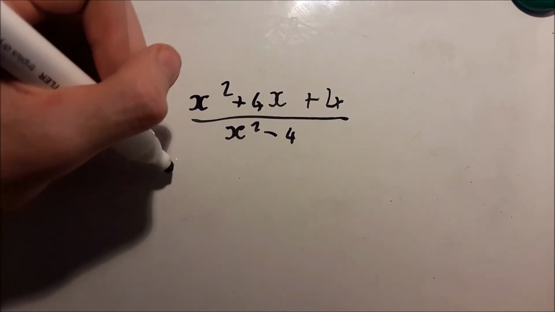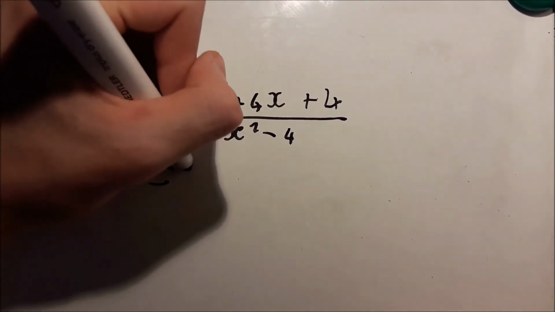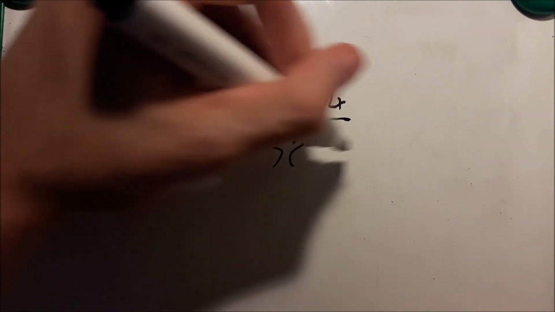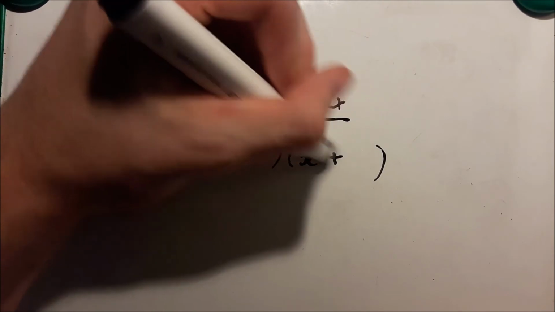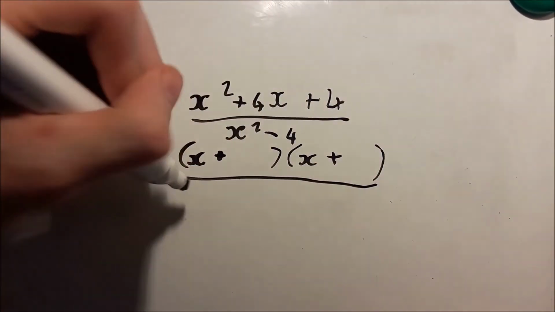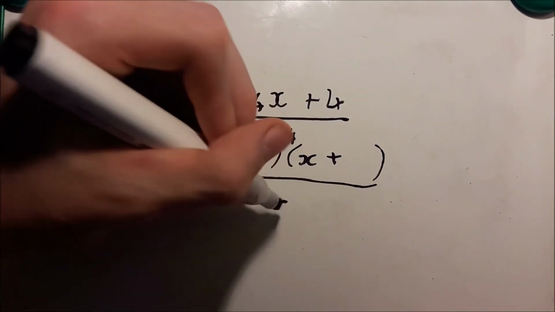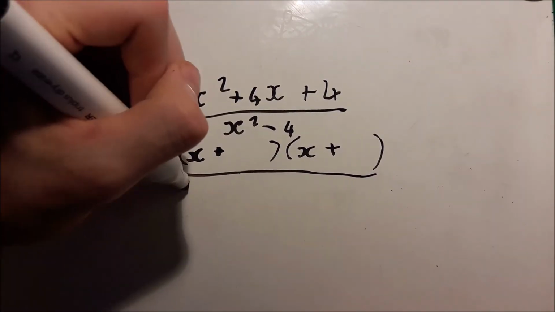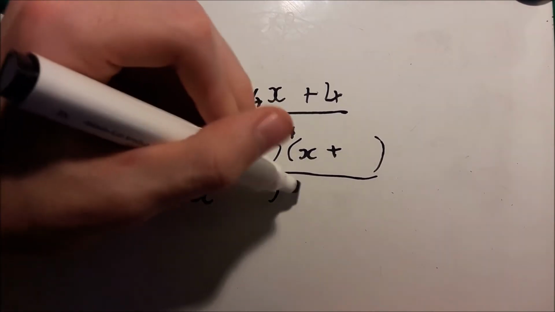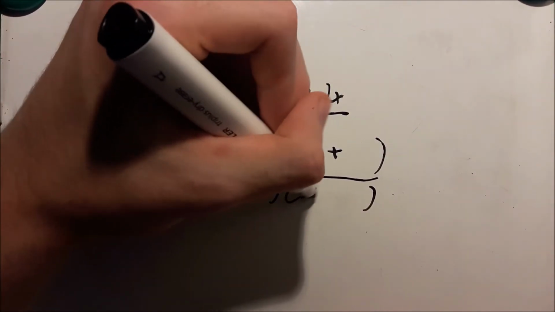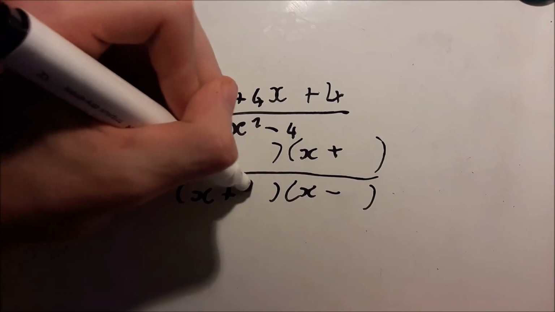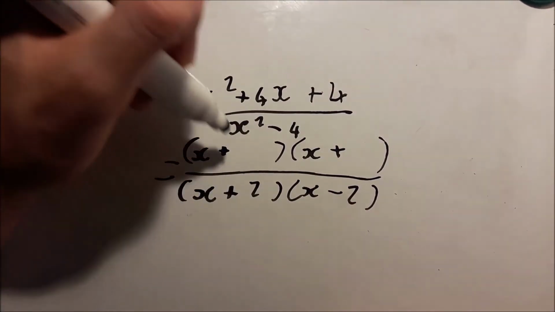So we can factorize this top one, which is x, and then we have another x, and these are plus. And we can just say x squared minus 4. And here at the bottom, we factorize as well. It's a difference of two squares, which is 2 and 2.